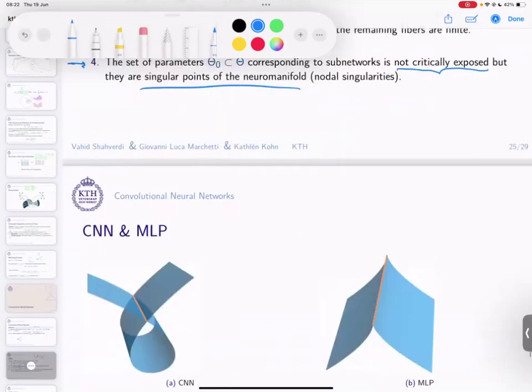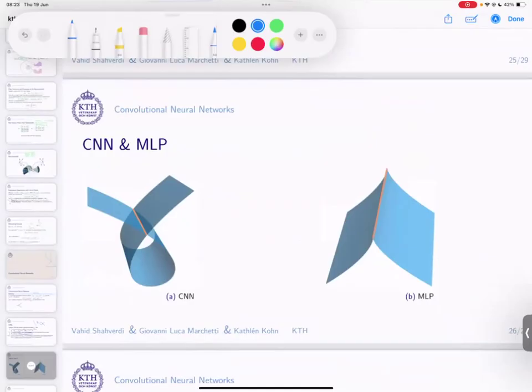If I show you how it looks, on the left you have the neuromanifold of CNN. On the right, you have the neuromanifold of MLP. On the MLP, you have that edge, that's the subnetworks, and this gold line in here. This gold line is going to be attractive to the optimization process, because if F star is here, there is this point that is going to be a critical point of the loss function that I have.